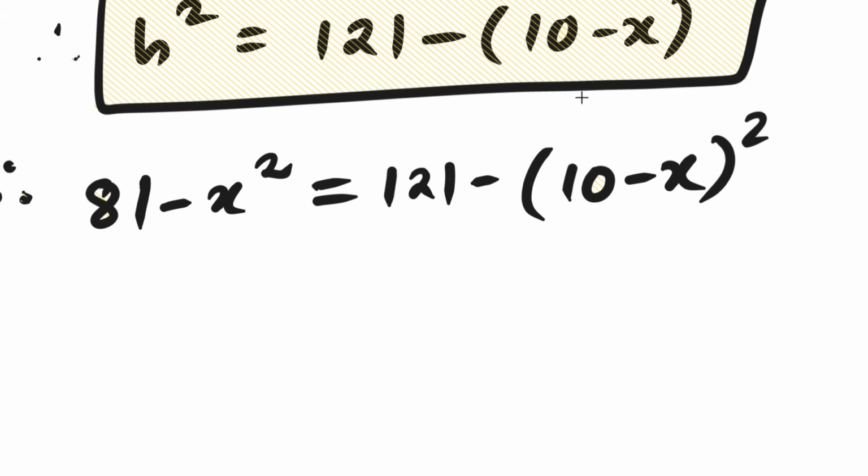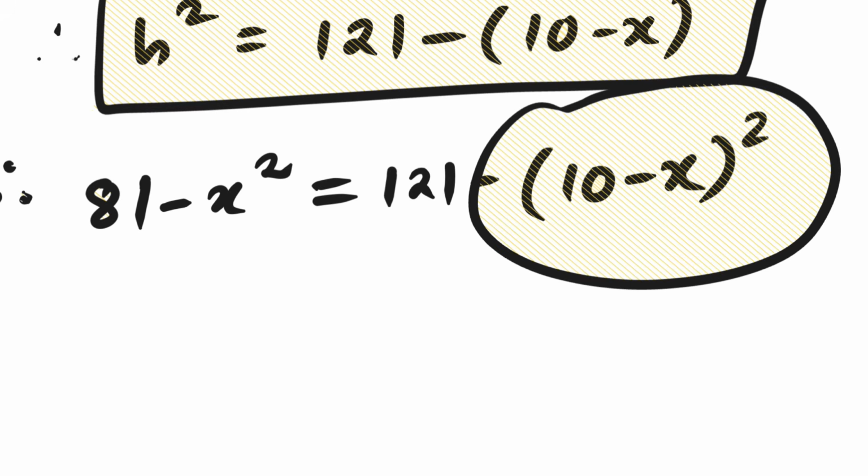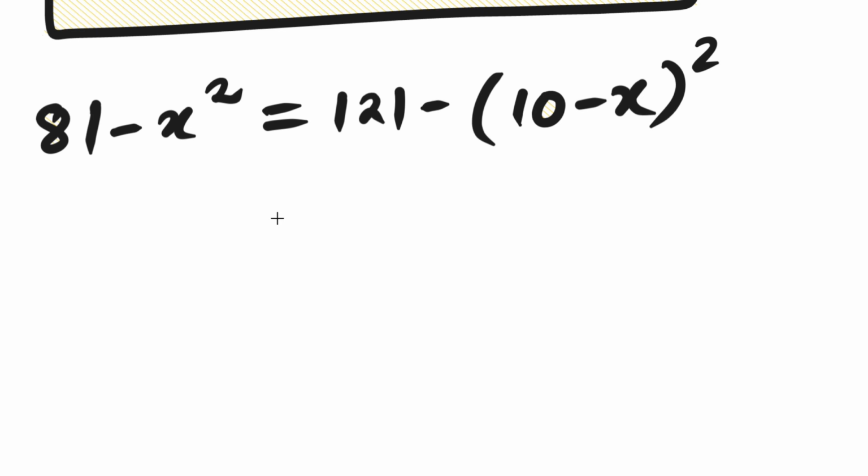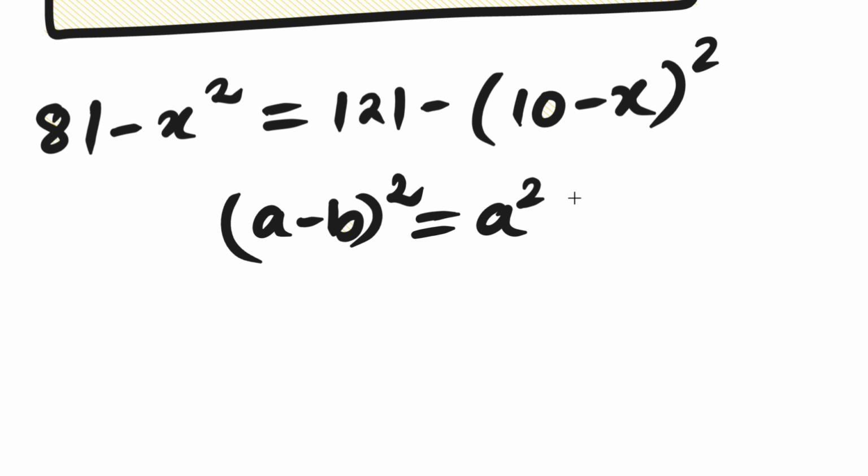Now we need to expand that squared expression carefully. Remember the identity: the quantity a minus b, whole squared, equals a squared minus 2 multiplied by a multiplied by b plus b squared.